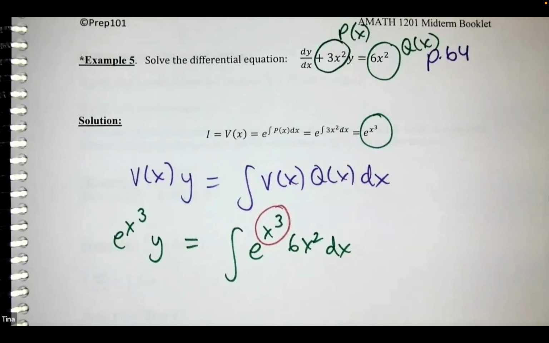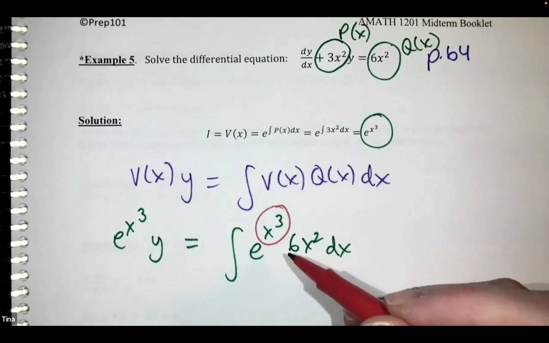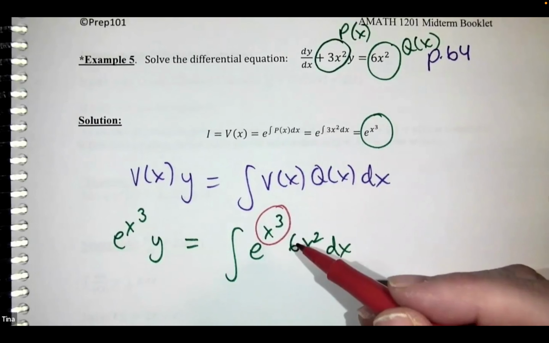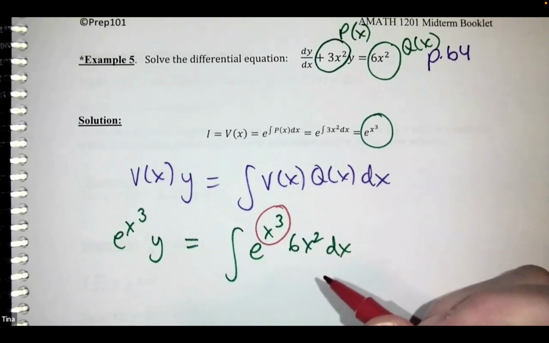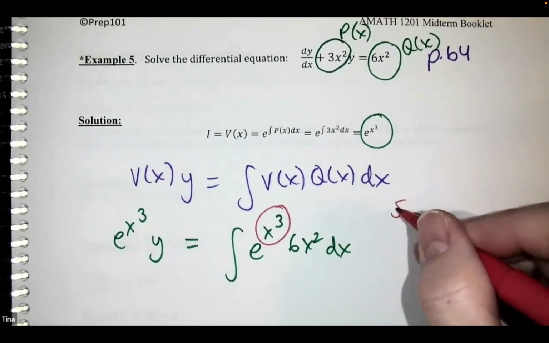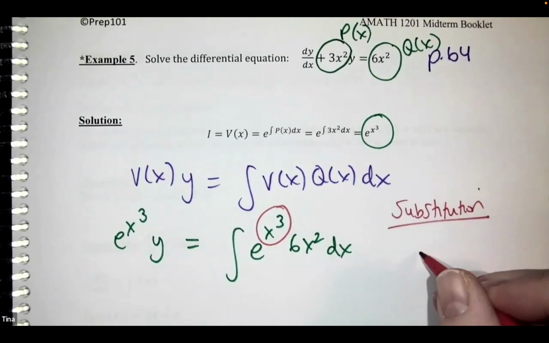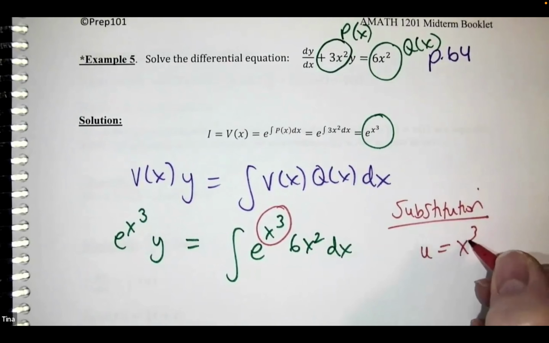Remember, it can't be the u here. It can't be an e to this something, because then our derivative would have an e. e to the x has a derivative e to the x, so it wouldn't work. So we do have to do a substitution, and it is u equals x cubed.